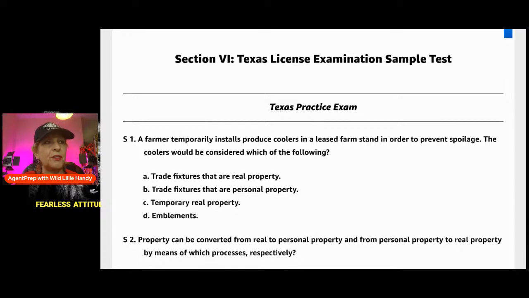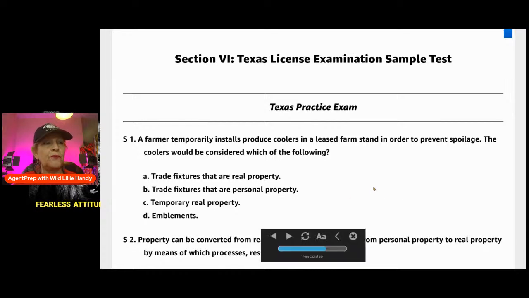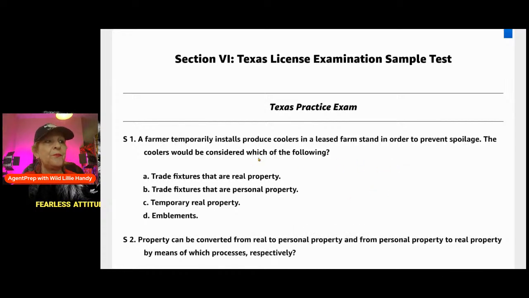If these fixtures belong to the farm or the vendor and they installed them there temporarily, what would they be considered? Is it something they can take with them when they leave, or do they have to stay? Type your answer in the chat, the question number and the answer, please.